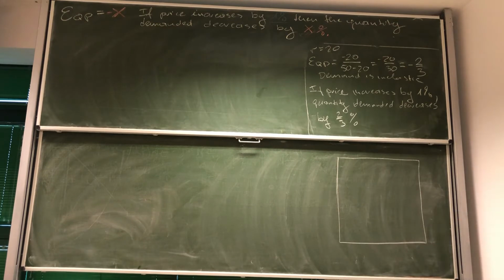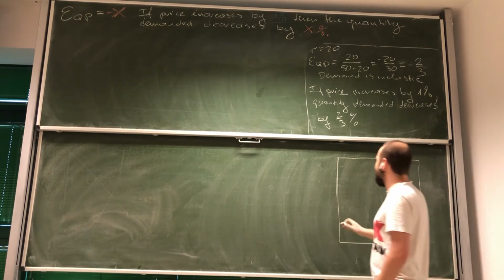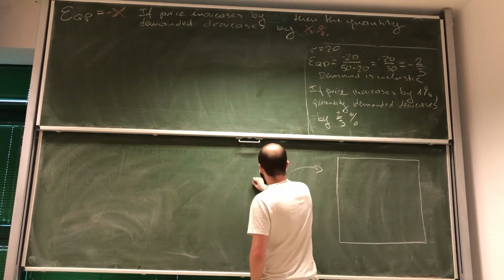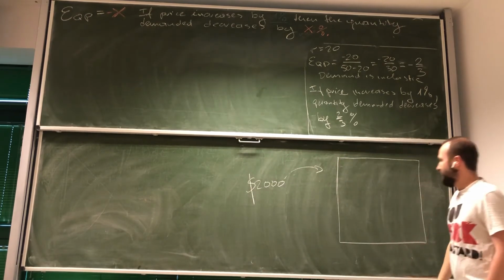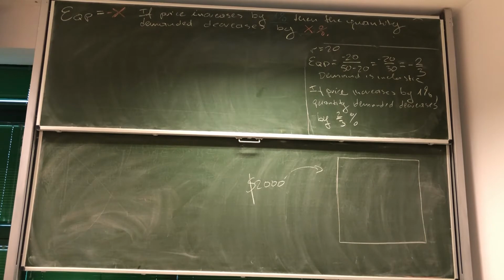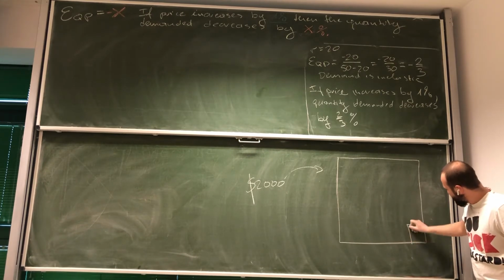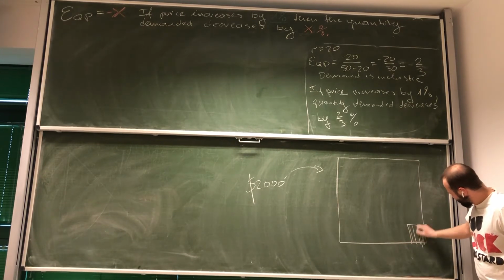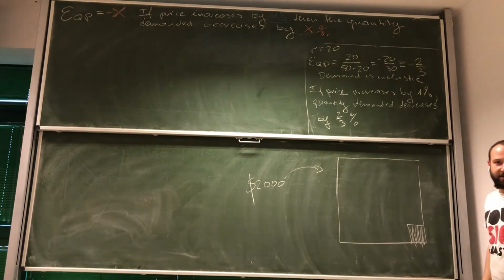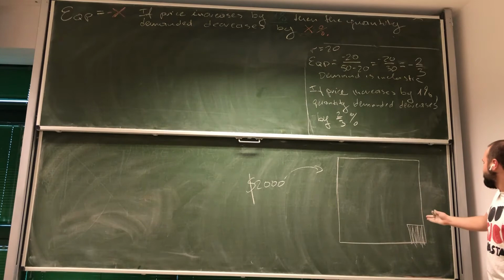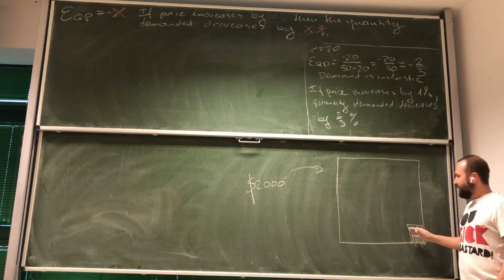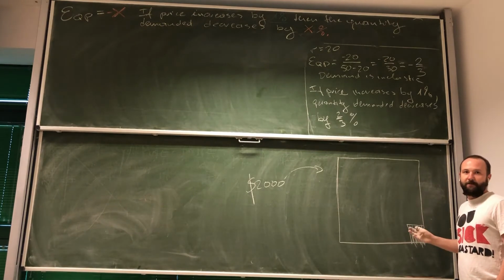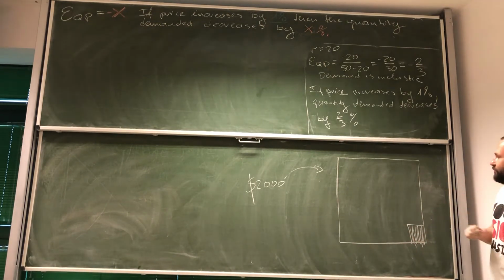You need to pay for this parking lot a rent, let's just say $2,000 a month. And also, in the corner of the parking lot, there's a small building for the security and a person who actually takes the money from everyone who is using the parking.